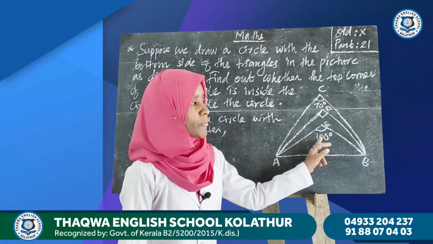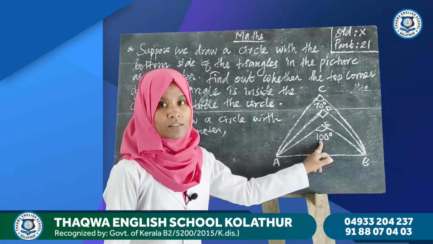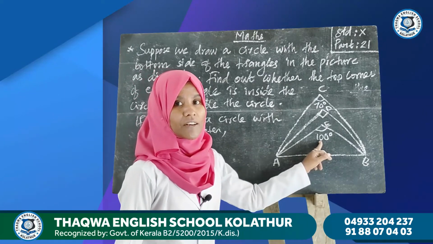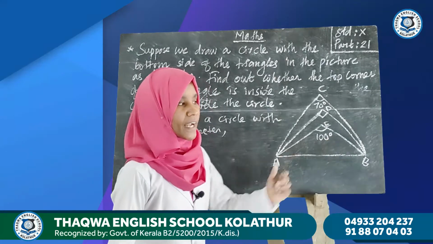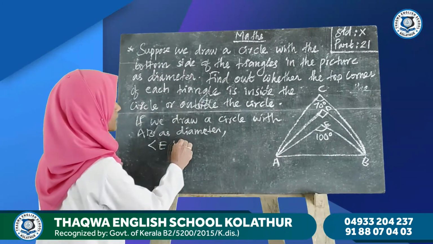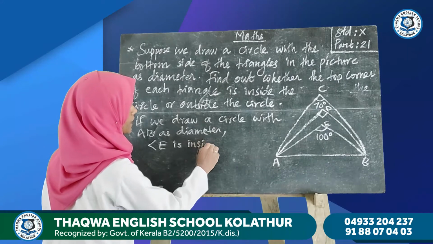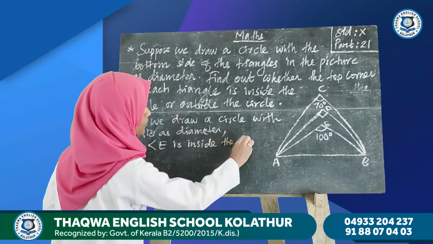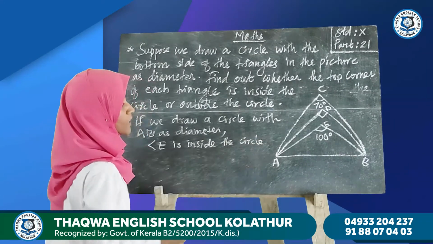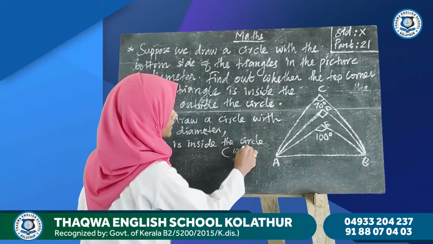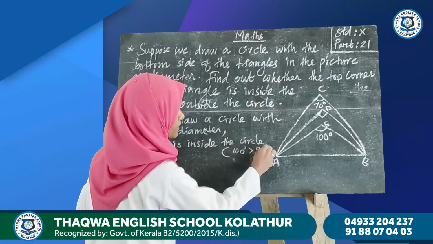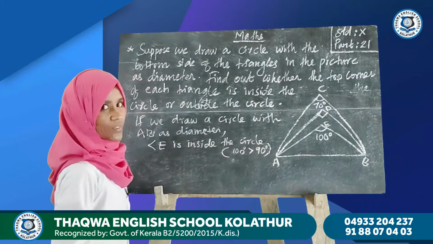Can you say? Angle E is inside the circle. What is the reason? 100 degrees is larger than 90 degrees.